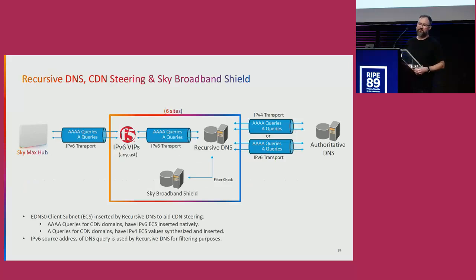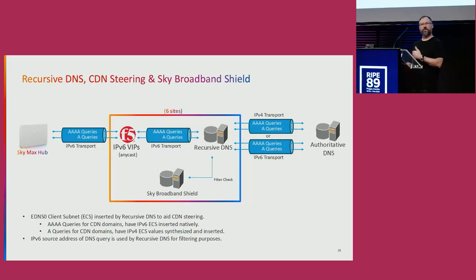Until such time as the CDN and authoritative name servers do that and catch up, it's going to take a while. We're having to do the logic for them. So we have 6 Anycast sites for our recursive DNS platform. We're only giving these MAP-T customers the v6 VIPs for recursive DNS, so the DNS queries are always going to come over IPv6 to our recursive name platform.